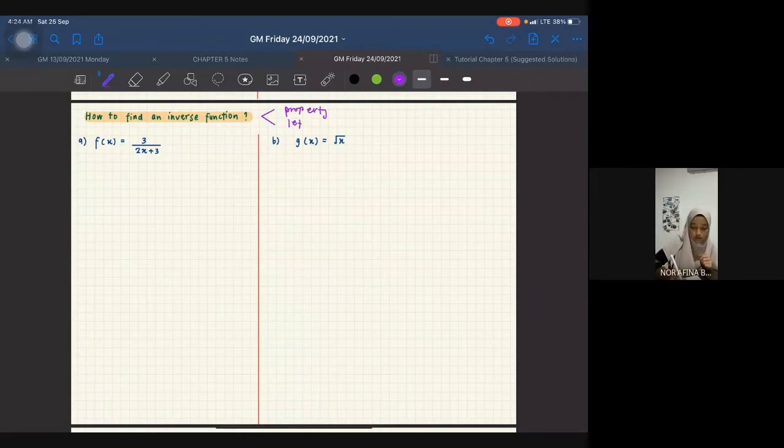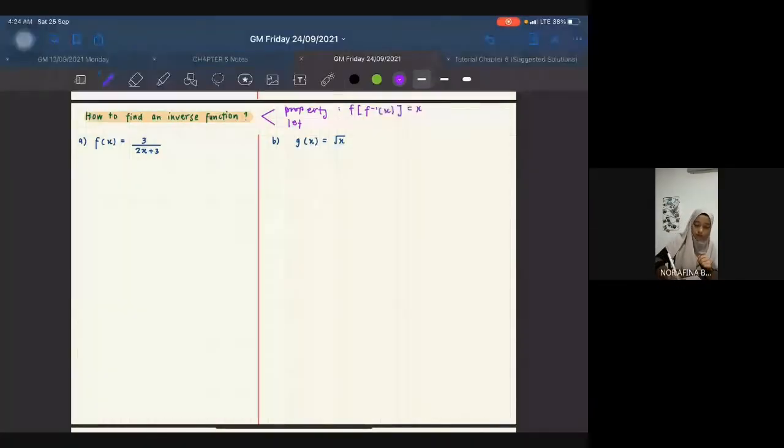Okay, so kalau property, so we have f of f inverse is equal to x. Okay, this is the property.